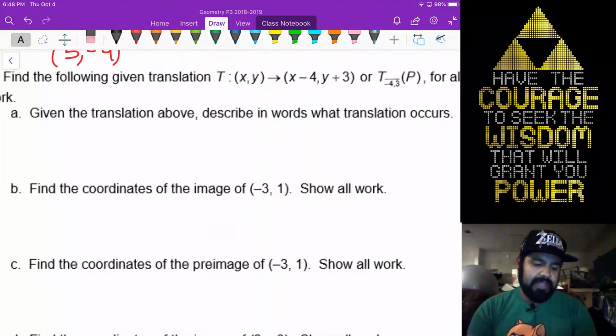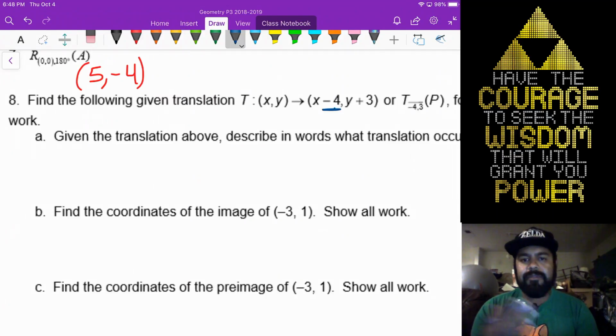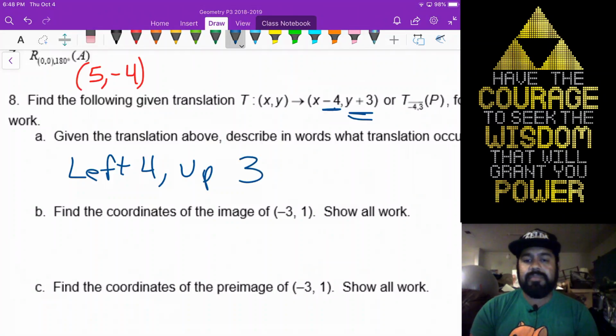So here we go. Given the translation above, describe what happens. Again, plain English. Negative 4 on the x means that we're going to move left 4. Positive 3 on the y means that we're going to go up 3. There we go. That's it.